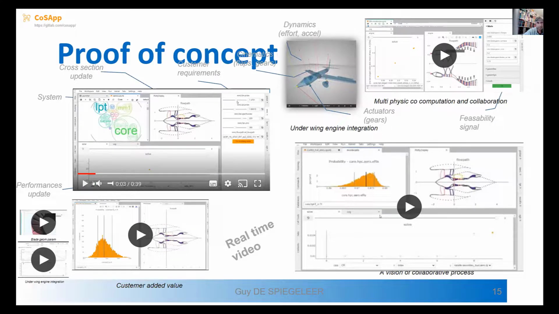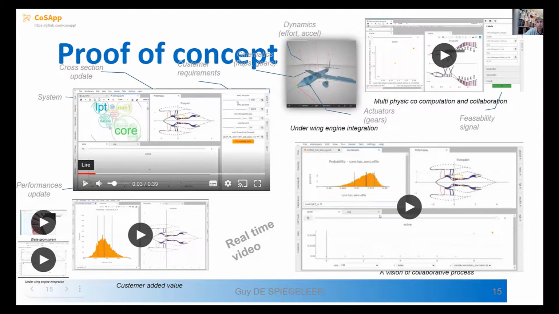And that's what I will highlight here. The parameter here is the low pressure ratio. It's the pressure ratio of this fan blade. And if you change it, you have to increase or decrease the diameter of the engine to respect your thrust.